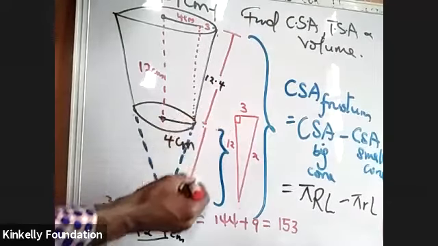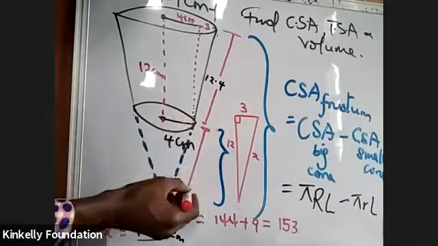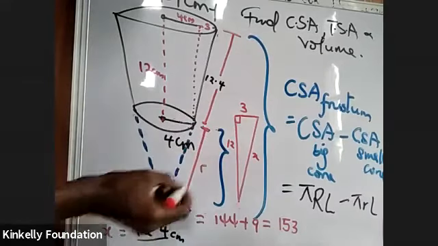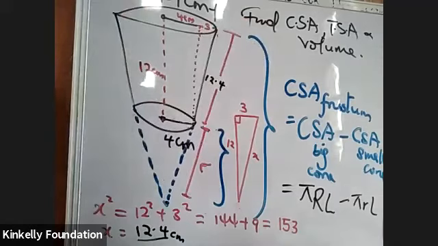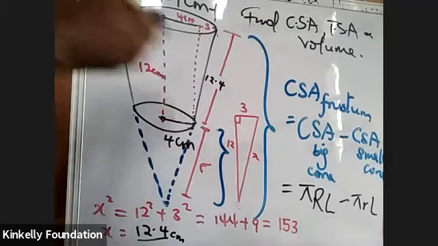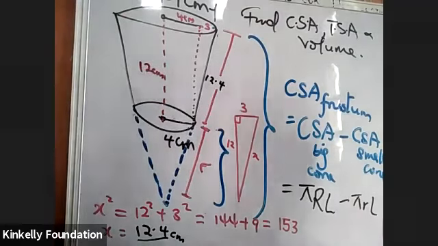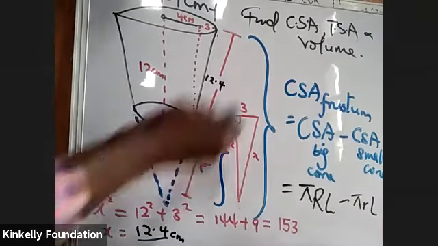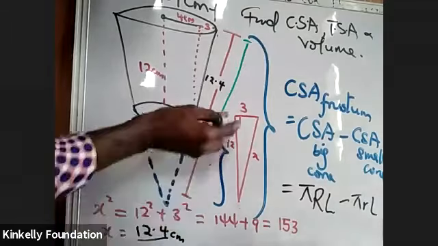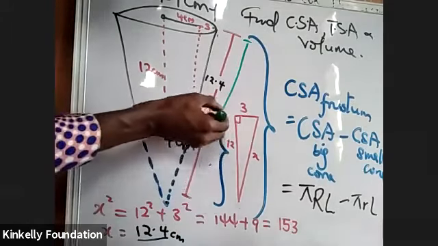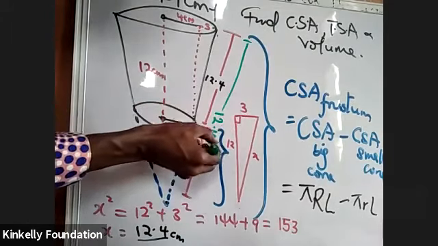We don't know this one, so let us call it the small L. The bigger L will now give us 12.4 plus small L.